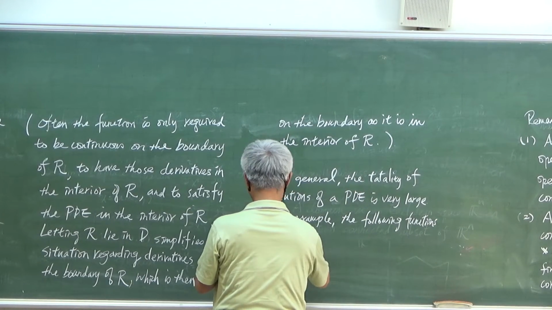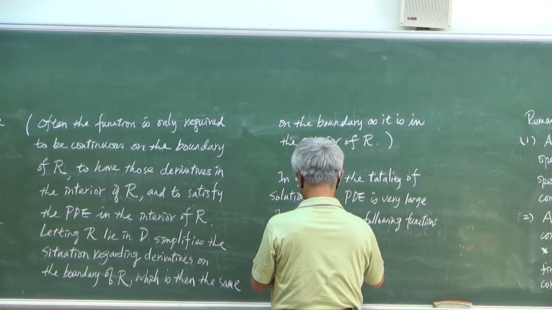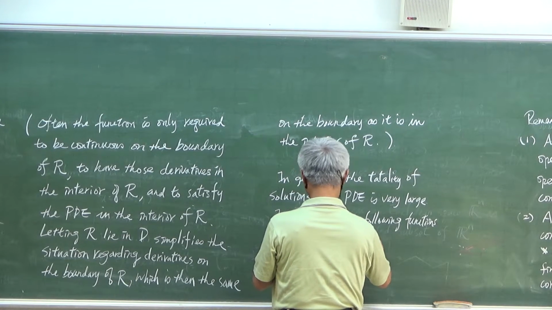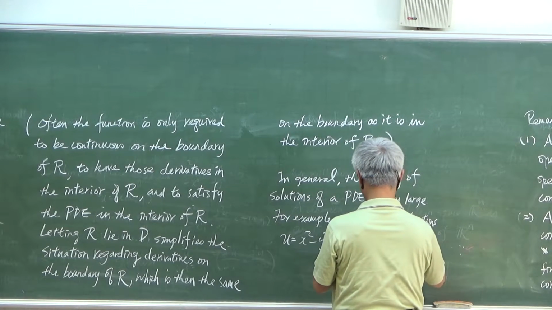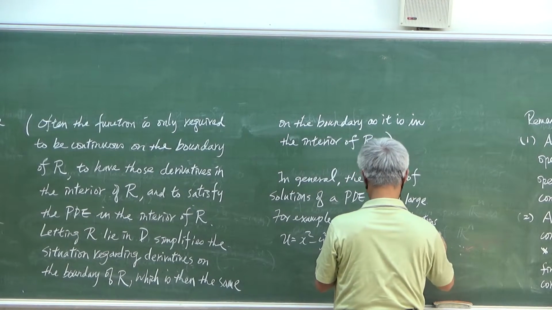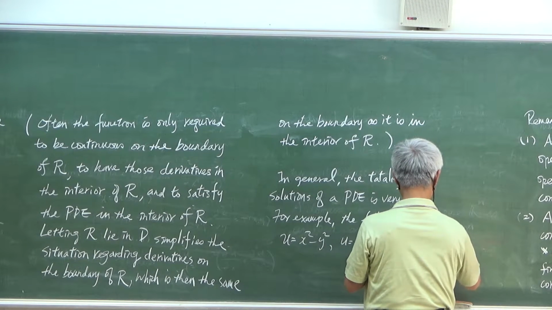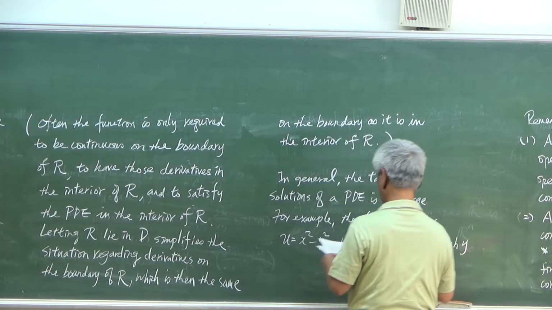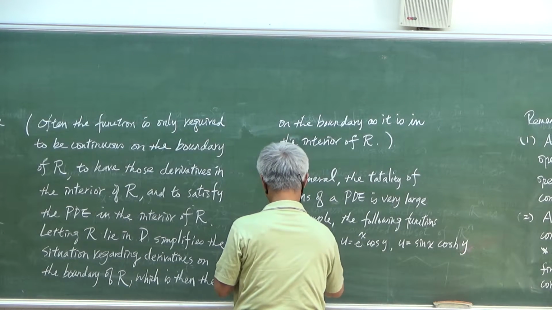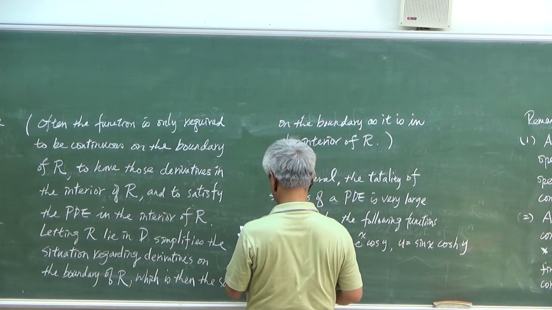u equal to x squared minus y squared, u equal to e^x cosine y, u equal to sine x cosh y, and u equal to the natural logarithm of x squared plus y squared.